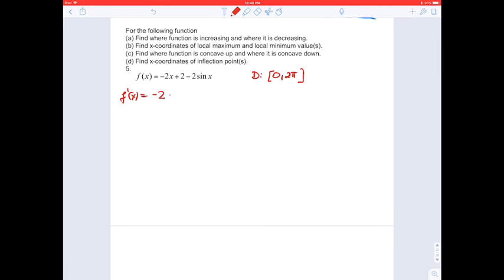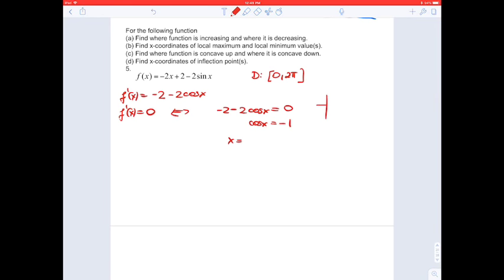The function is negative x squared plus 2x minus 2 sine of x. Derivative is negative 2x plus 2 minus 2 cosine of x. And the derivative is 0 if and only if negative 2 minus 2 cosine of x is 0. Let's solve for cosine. Adding 2 to both sides and dividing by negative 2, we're getting negative 1.